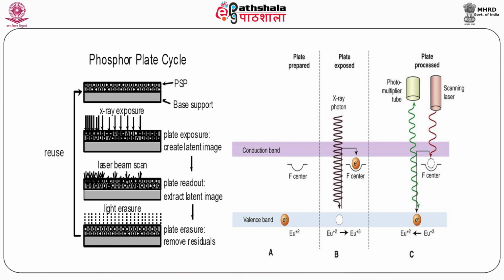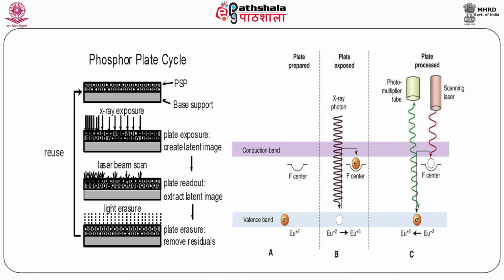So, divalent europium is converted to trivalent europium, and the electron is excited to a high energy state, to the conduction band. When it comes back toward the valence band, it gets trapped in the trapped energy level, in the metastable state, and it remains trapped for minutes or hours, during which only a small amount of light is emitted.